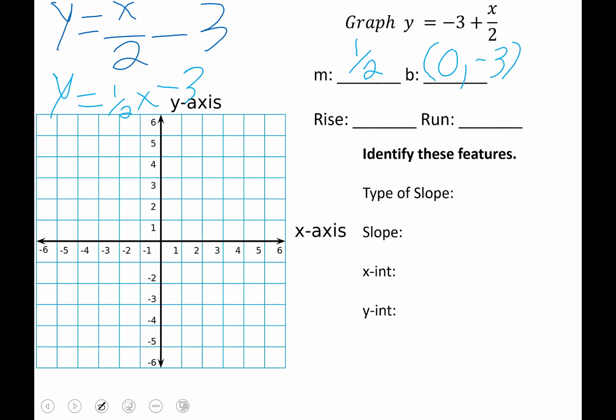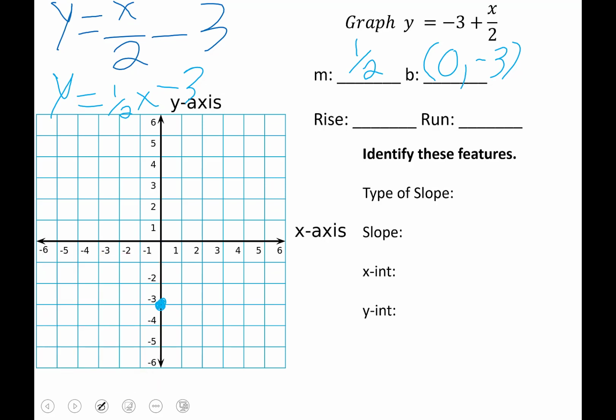Now you're going to see me write the y-intercept as a point most times, and I want you to do this because remember that is a point on your line. It's not just a number. All right, so I'm going to plot that point first. Starting from the center of my graph here, I'm going to go down to -3.